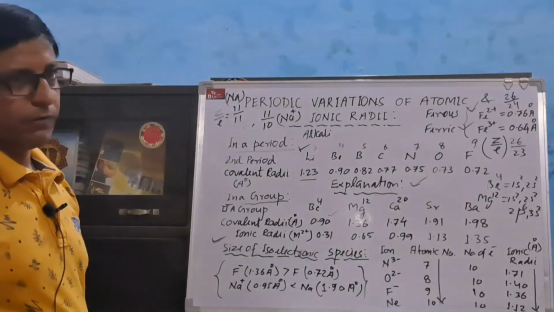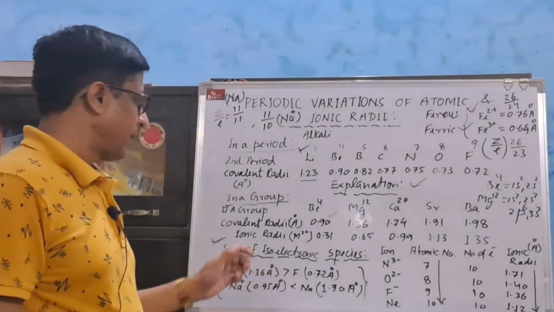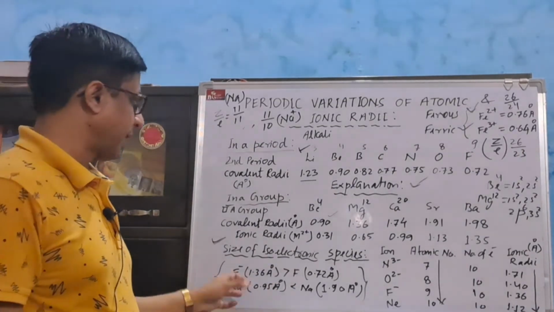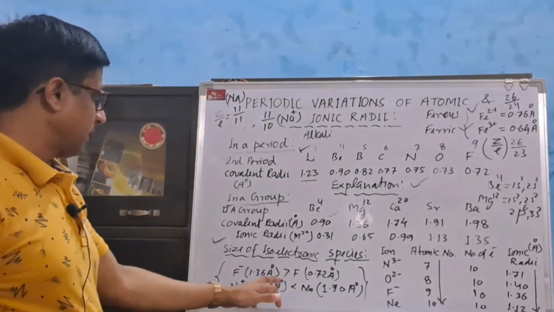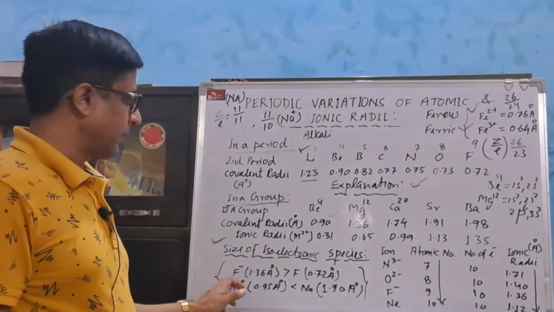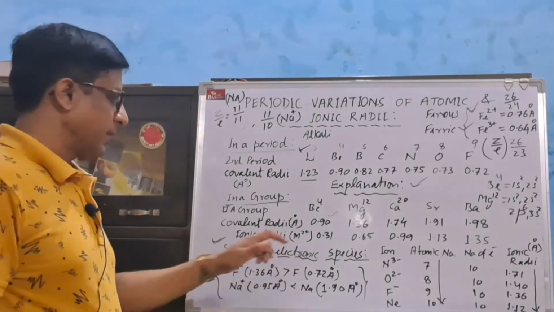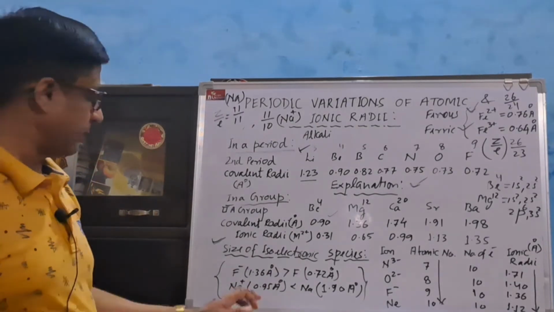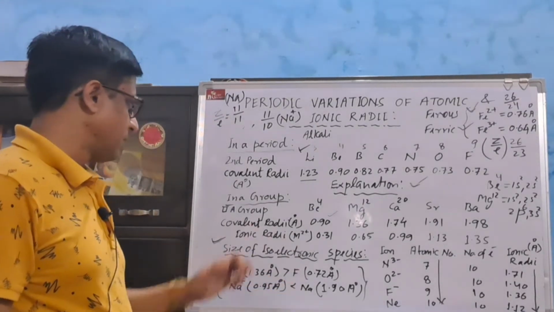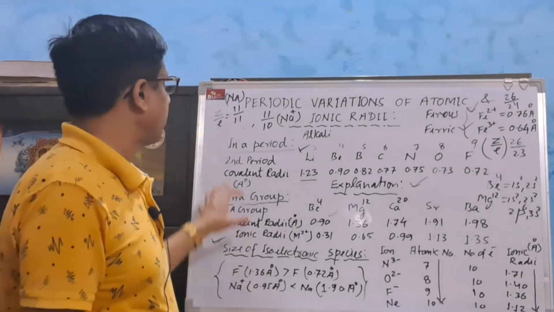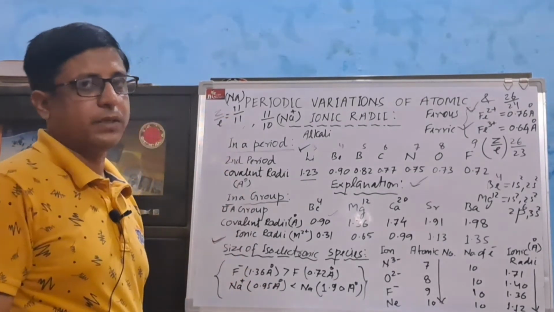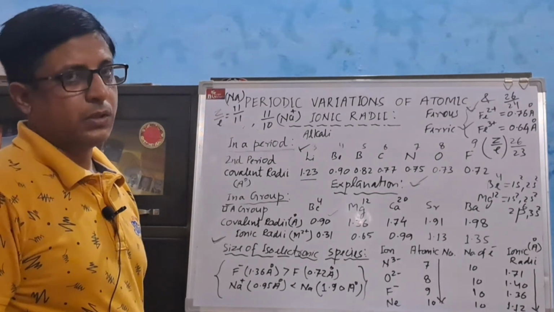Similarly, the size of a parent atom can be compared with its cation and anion. The size of fluorine atom is much smaller than the size of fluoride ion. And the size of sodium atom is much larger than the size of sodium ion. This can also be explained on the basis of Z upon E ratio.